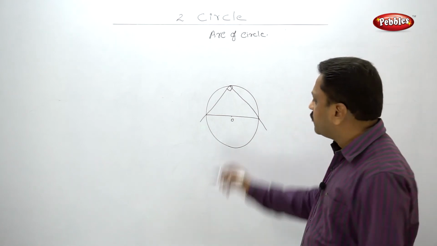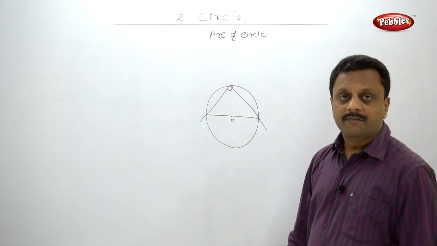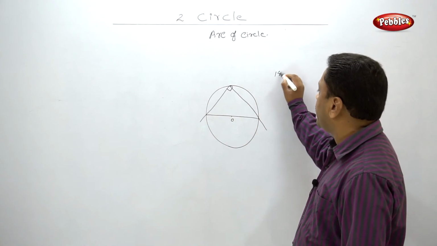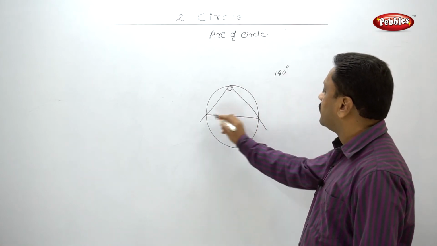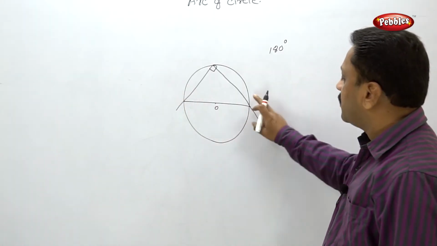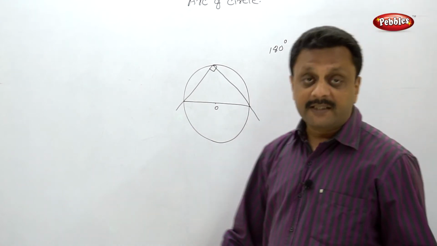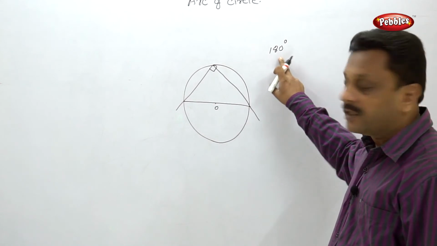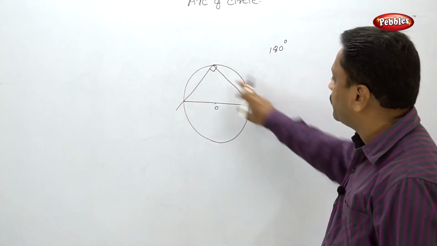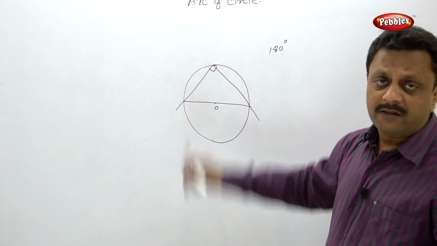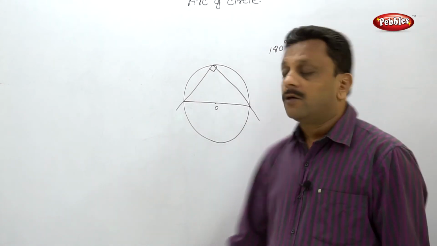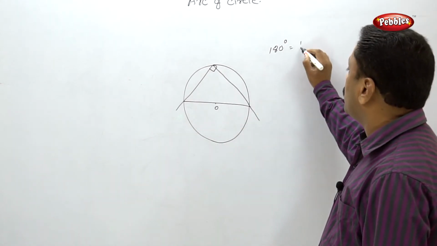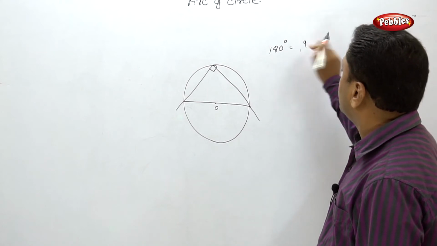Why do I say this is a right angle, or the theorem says it is a right angle? Simple, because what is the central angle? Central angle is 180 degrees. This is an arc which is also a semicircle. It is subtending two angles. One is at the center, that is O, 180 degrees, and one is here, because the arc is the same, this angle. And we know that theta is equal to half alpha. So half of 180 is equal to 90 degrees.